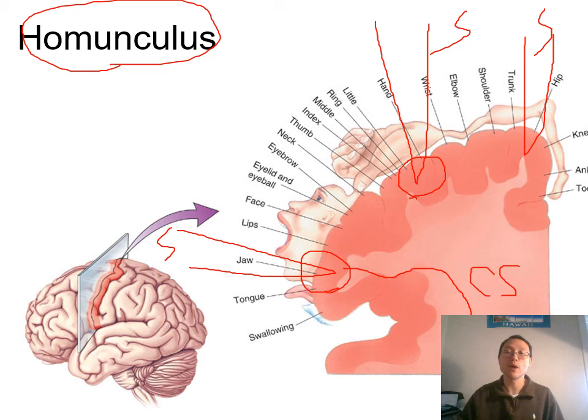It's a very good representation of what your body looks like when it comes to which areas of the brain, specifically M1, are controlling the activities in your body.